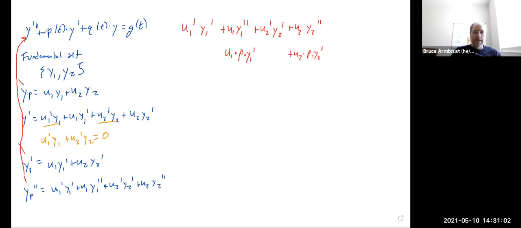Okay, so that was that times the P. And then I'm going to get Q times my original. So U1 times Q times Y1. And then U2 times Q times Y2.